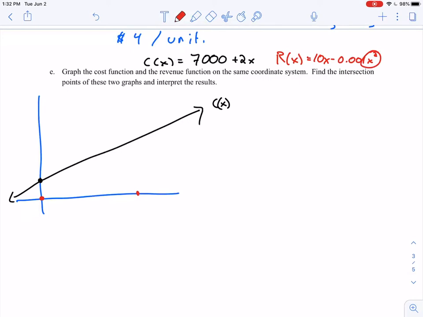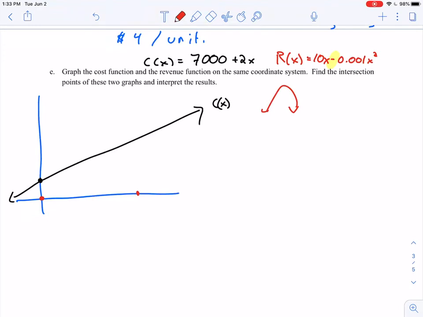First of all, it's a quadratic function, a parabola, and the x squared term has a negative coefficient, which means it opens downward. So my revenue function is a parabola that opens downward, and it passes through this point and this point right here.